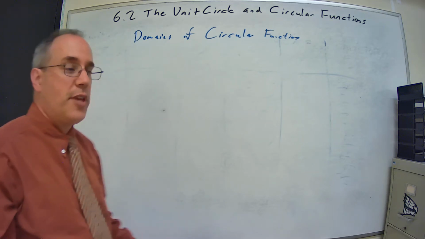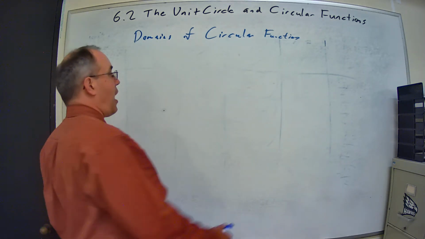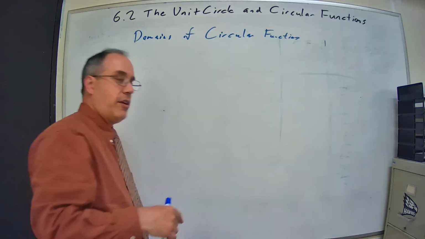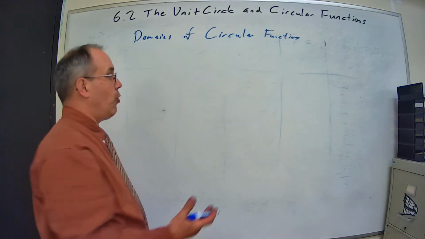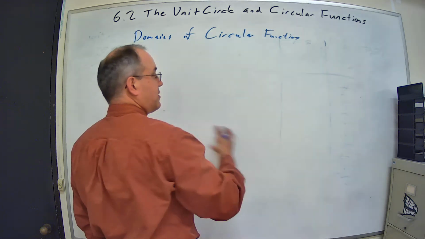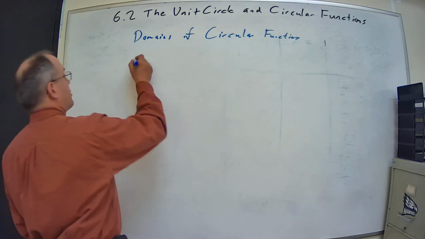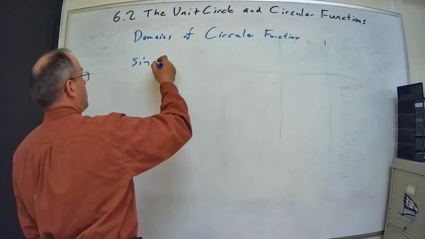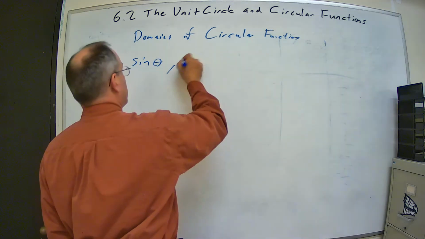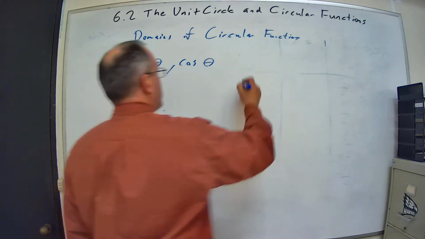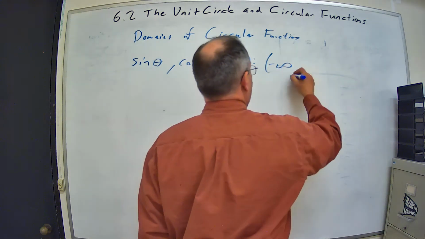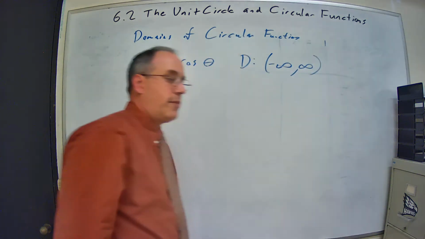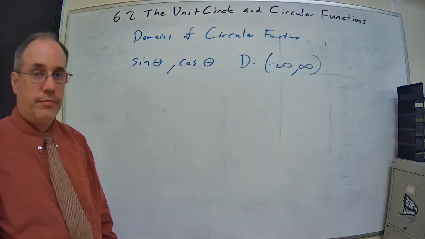And it should be obvious that for sine and cosine, we can plug anything into those because that's going to be x or y. So sine and cosine, the domain is from negative infinity to positive infinity. That should be a given.